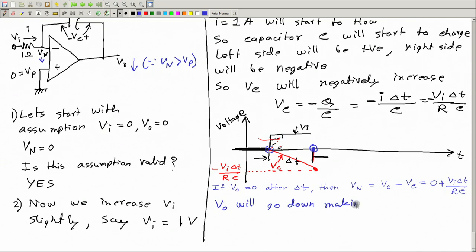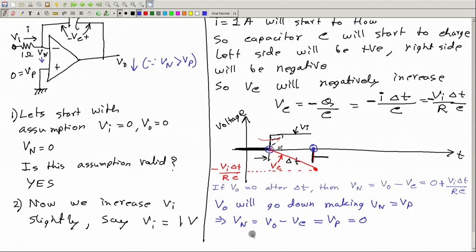Vo will go down, making Vn equal to Vp, which means now we know that Vn is Vo plus this Vc. So Vn, which is the same as Vo minus Vc, will become Vp equal to 0.